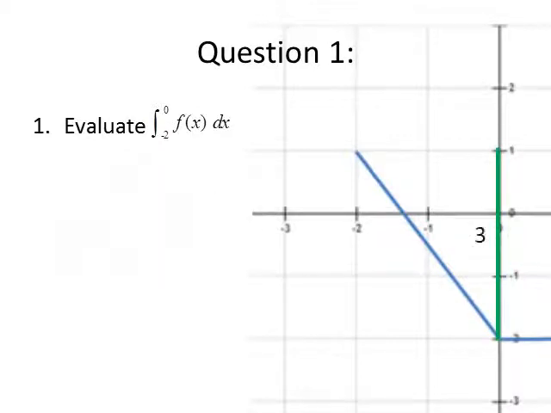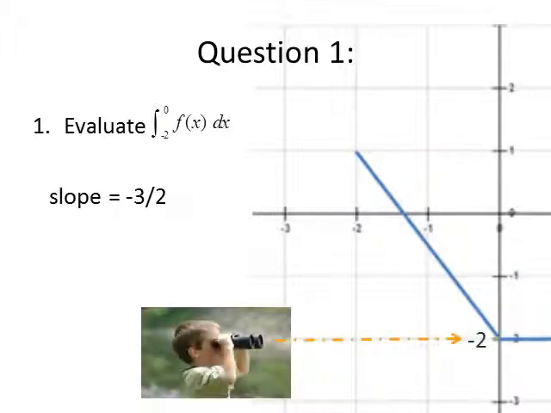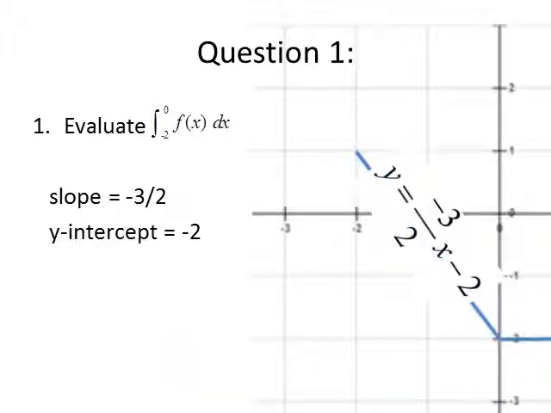The slope of the line can be found by the standard rise over run method. The slope is -3/2. The y-intercept is found here at -2. Using these, we can see that the thing we're going to be integrating is the line equation -3/2x minus 2.